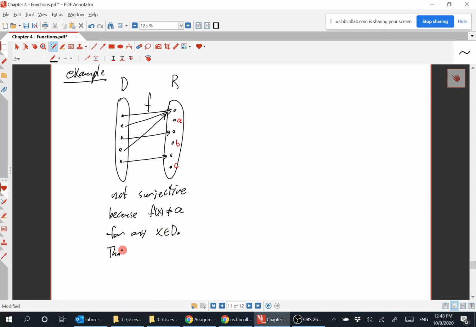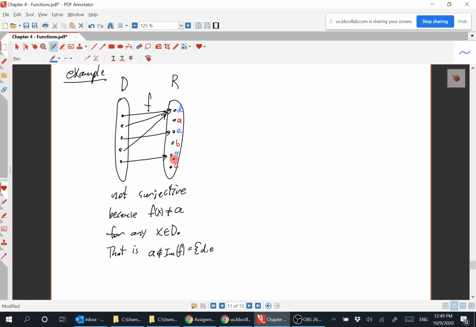Right? That is, A is not in the image of f. The image of f is this element, this element, this element. So maybe we'll give those some names: A, B, C, D, E, F. So A is not in the image of f, which is, I guess I shouldn't use f twice, should I?